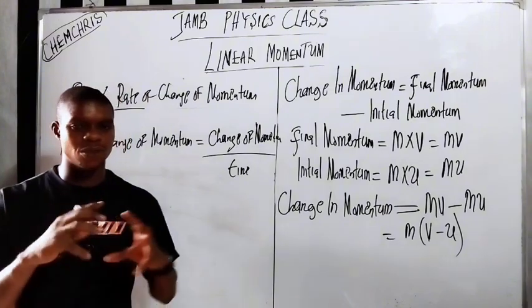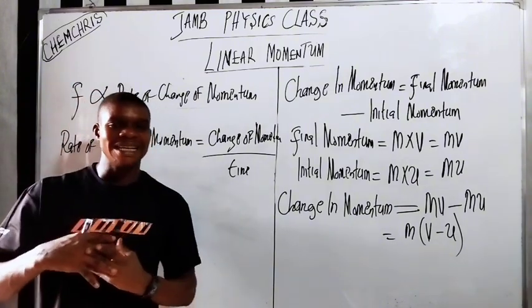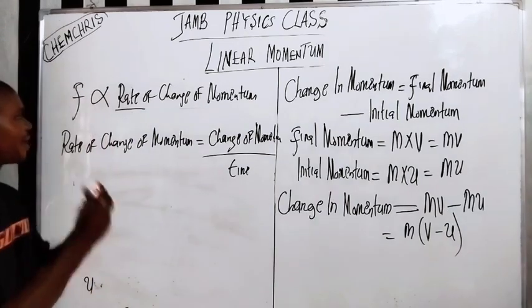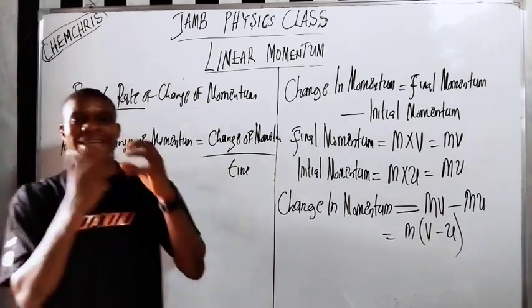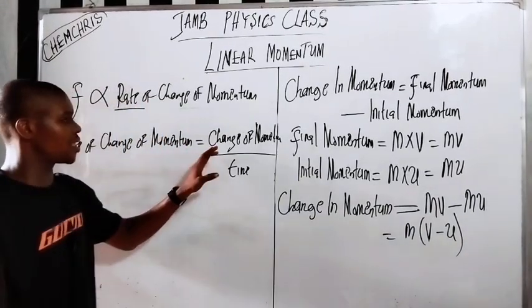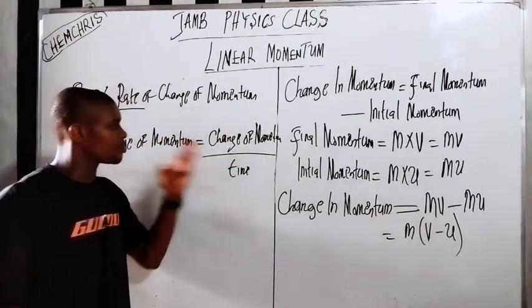So whenever I see rates, we talk about that quantity changing with respect to time. So when we talk about rate of change of momentum, we are talking about the change of momentum with respect to time.